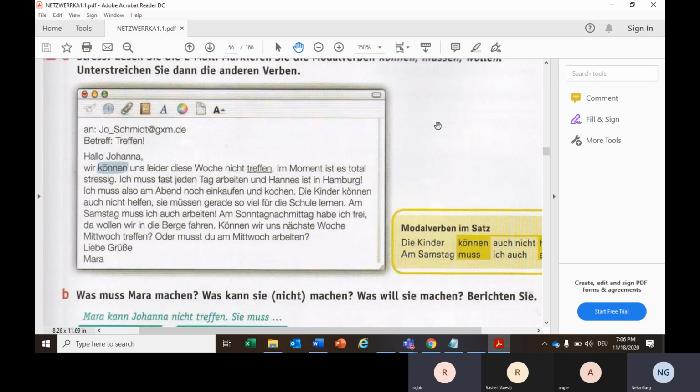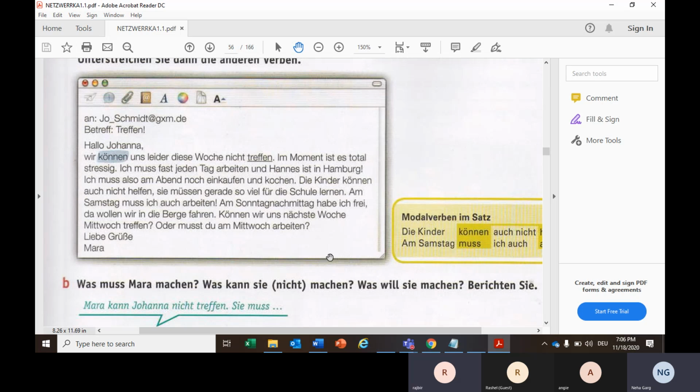Am Samstag muss ich auch arbeiten. Am Sonntagnachmittag habe ich frei. Mittwoch treffen. Oder musst du auch arbeiten? Liebe Grüße, Mara.